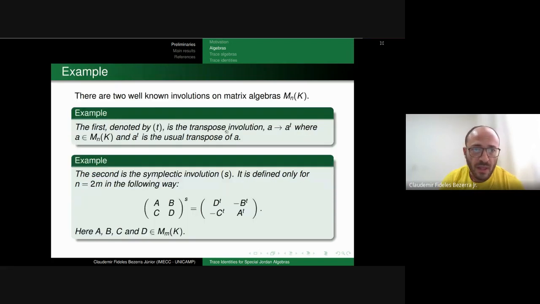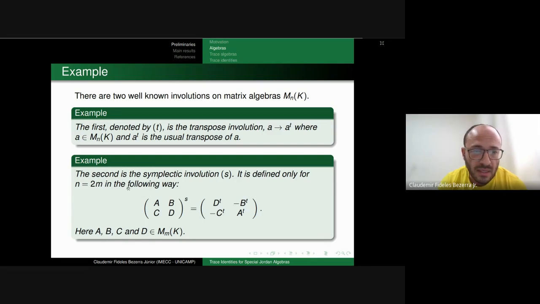I brought two examples of involution on matrix algebra. The first one is the transpose involution. It exchanges column by row in a square matrix of order n. And the second one is the symplectic involution, denoted by s. It is important to see that it is defined only when n is even.